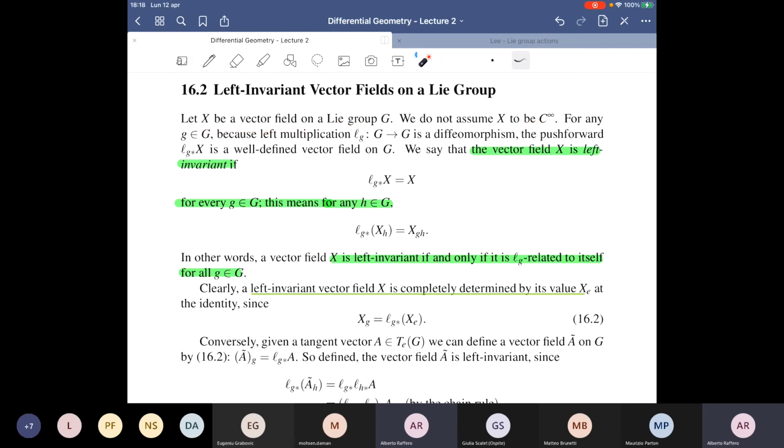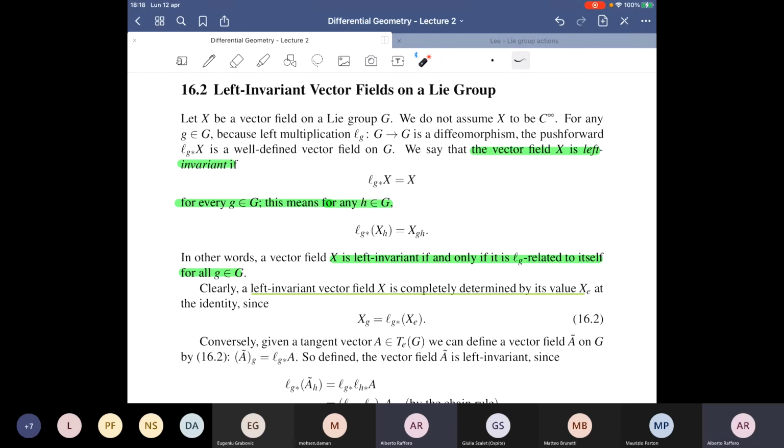Let us assume that it is smooth. And as we said, left multiplication is a diffeomorphism. So as we said before, the push forward of the vector field X is well defined. And we say that a vector field is left invariant if it coincides with its push forward.